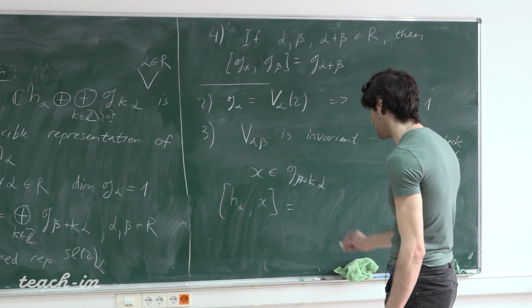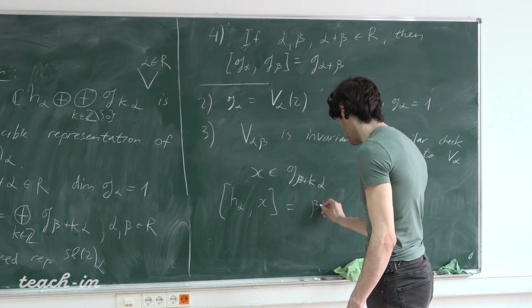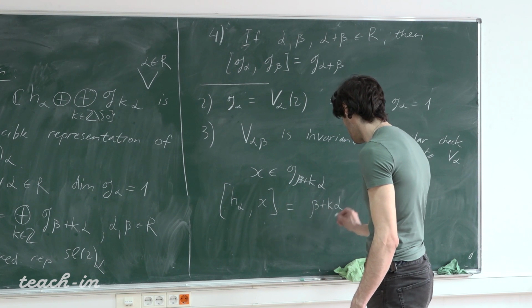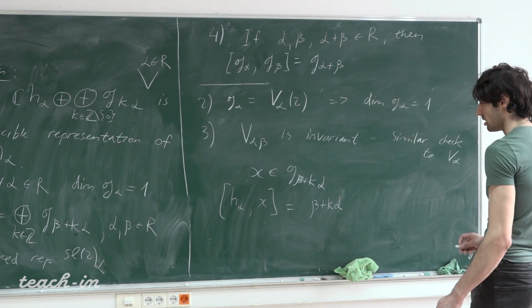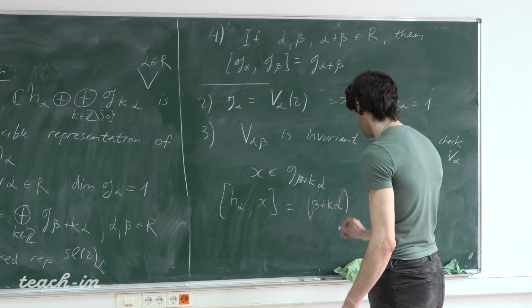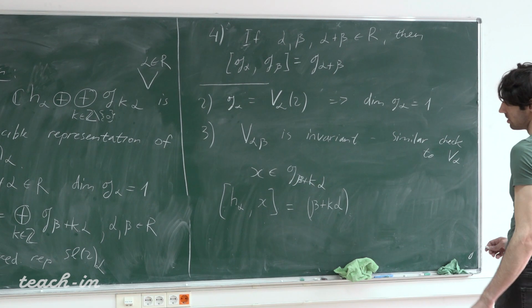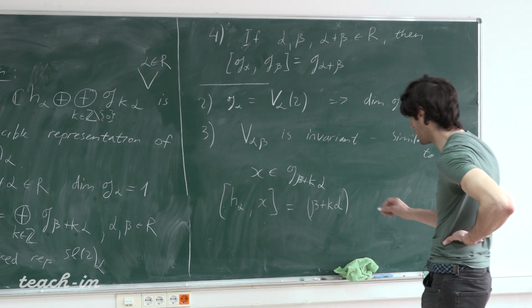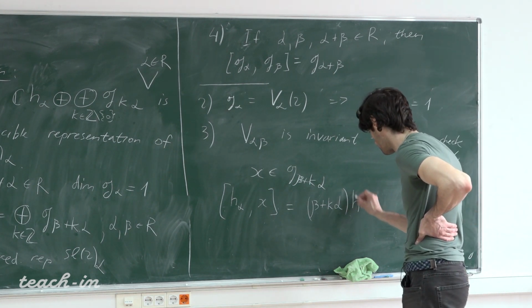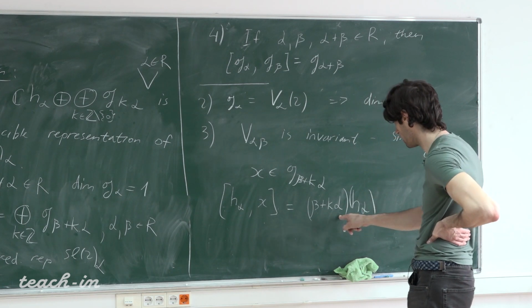I get beta plus k alpha of h alpha, right? These are all elements of h star.